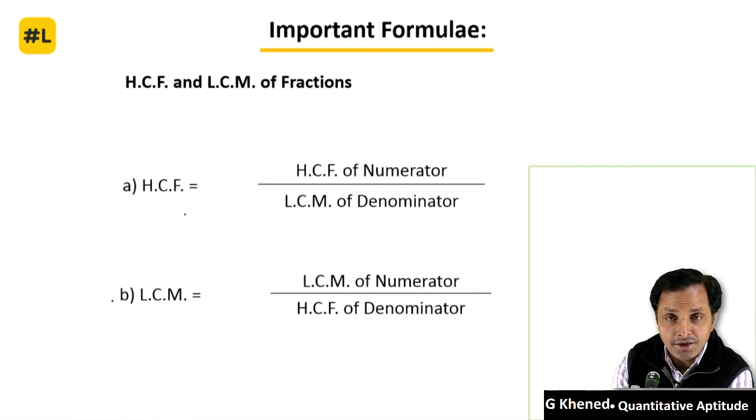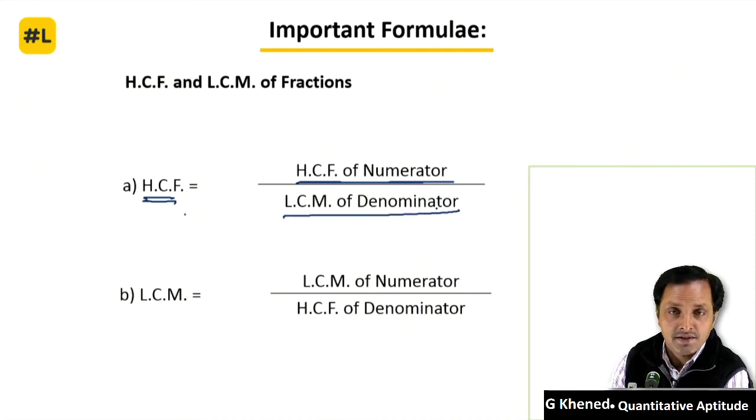If they give you some fractions, HCF of that fraction will be HCF of the numerators, whatever the numerator numbers are, you take them and find the highest common factor, and for the denominator numbers, you take them and find the LCM. Your HCF will be HCF of the numerator by LCM of the denominator.